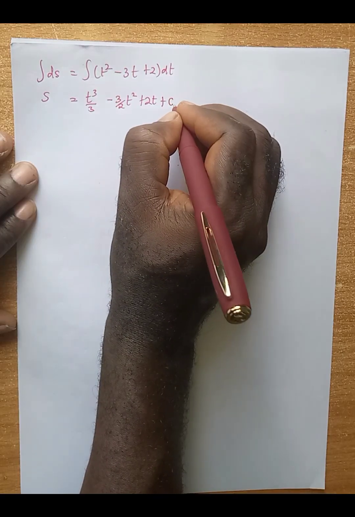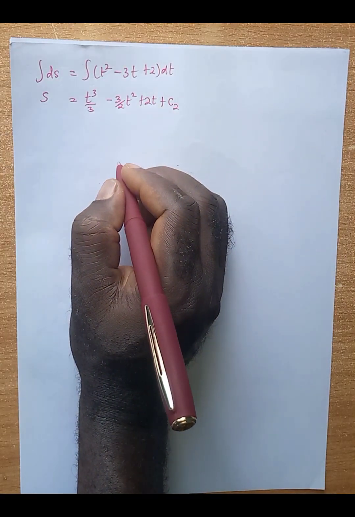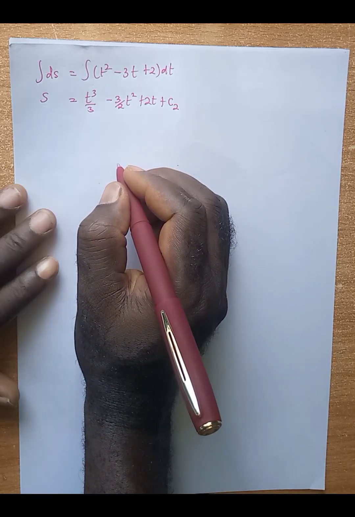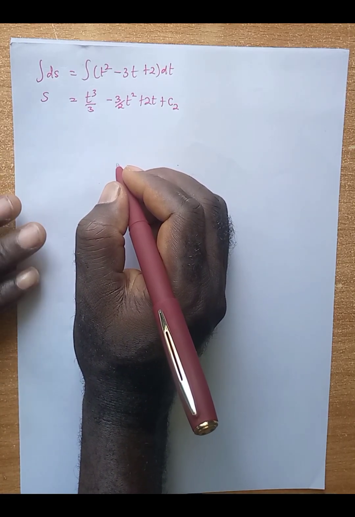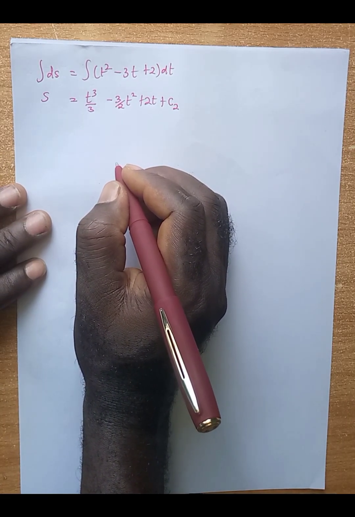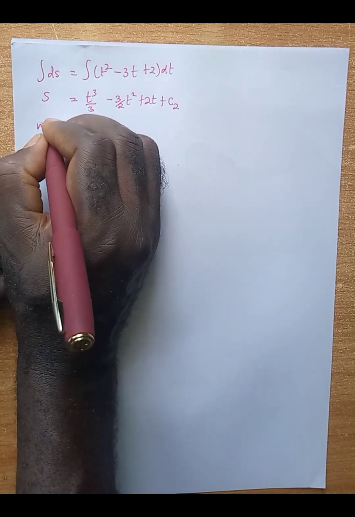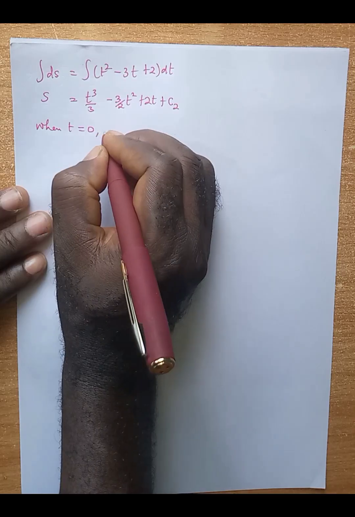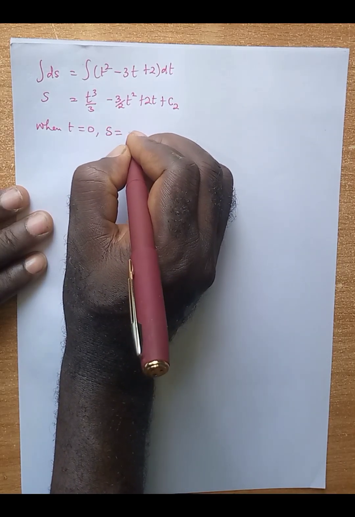plus our c2, where our c2 is the second constant of integration. Now we can obtain the value of c2 from our initial condition. We know that when the time is 0, automatically the distance is also 0.